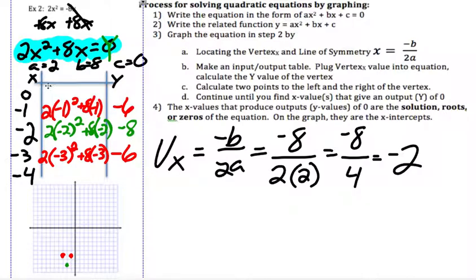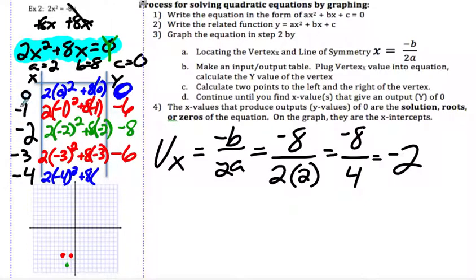And then last but not least, I'll plug in 0 for x and negative 4 for x. Here I get 0. Can you guess what you should get down here when you plug in negative 4? That's right, because of the symmetry, you should get the same thing.